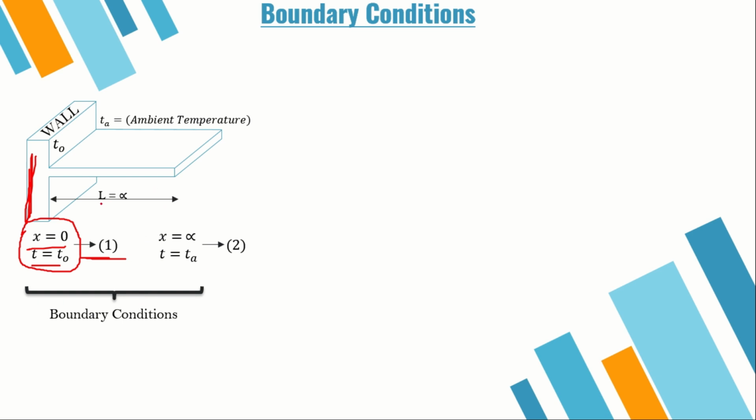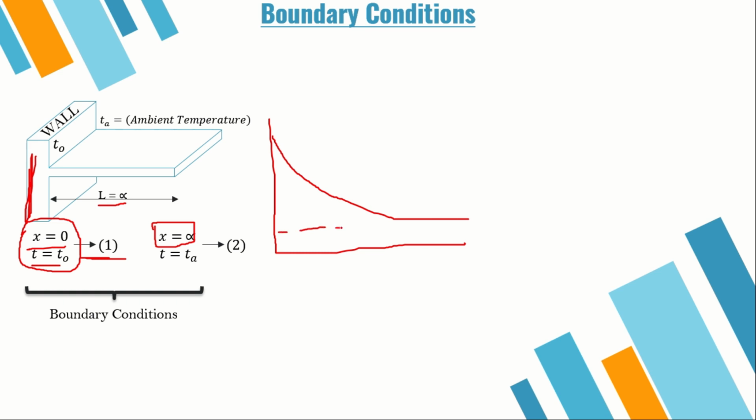Now, as the length of the fin is infinite, the variable x is also infinite. As we have seen in the temperature profile, I will draw it again. Here it was T naught, and here this was Ta.